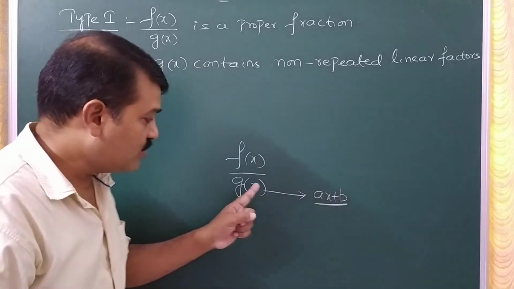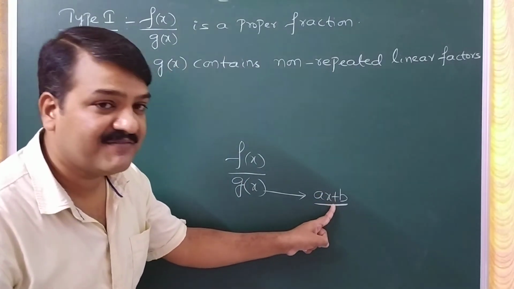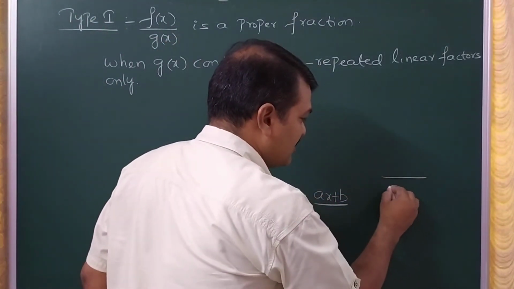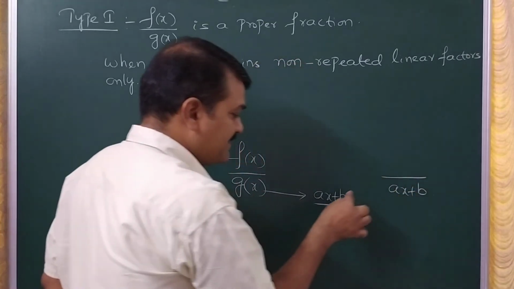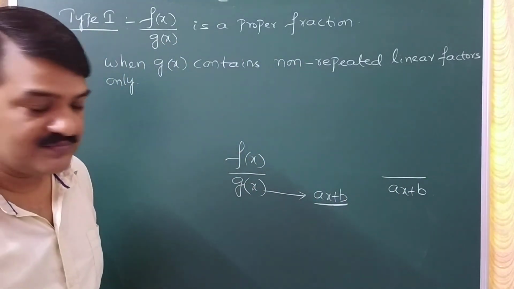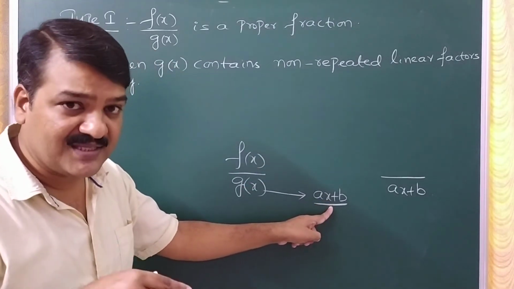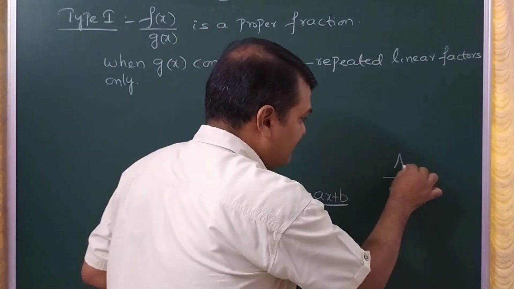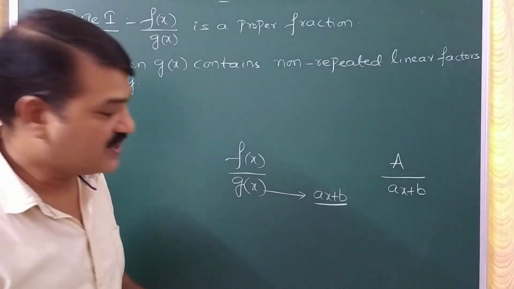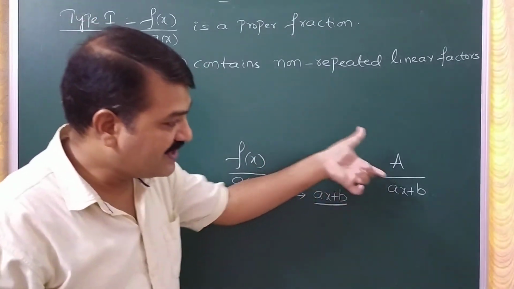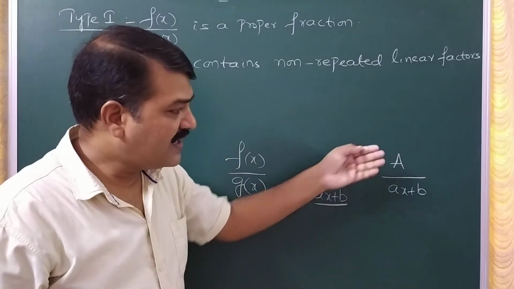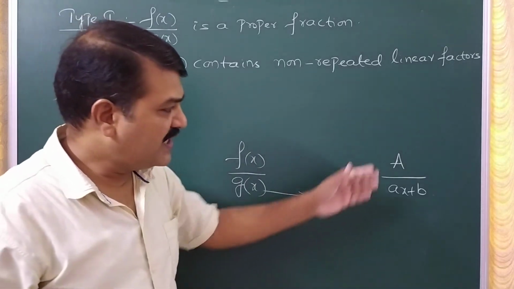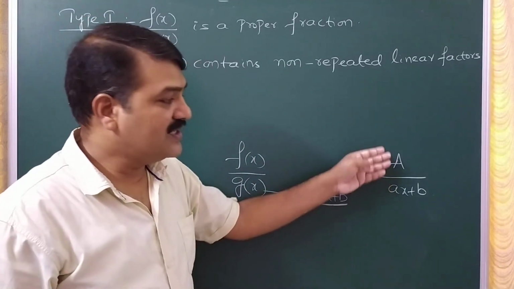So corresponding to every non-repeated linear factor in this form, the factor anyhow will be in the denominator only, no? Corresponding to every factor like this in the denominator, we will write the partial fraction as some constant by ax plus b. Why are we writing A? A is some constant, that is, some real number.